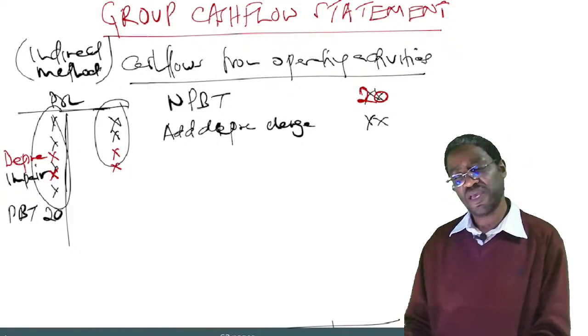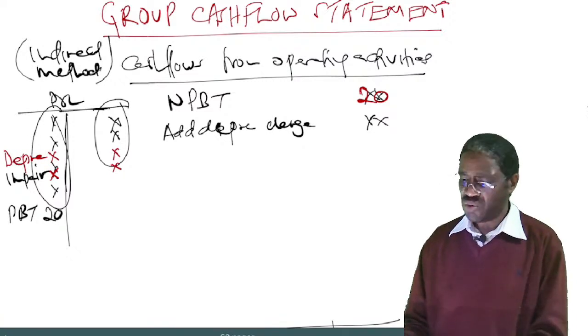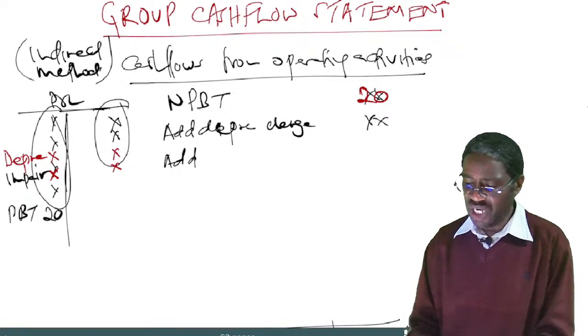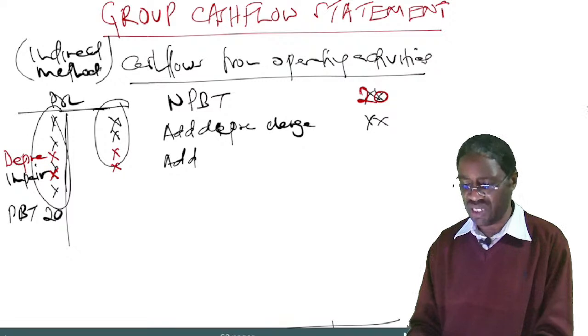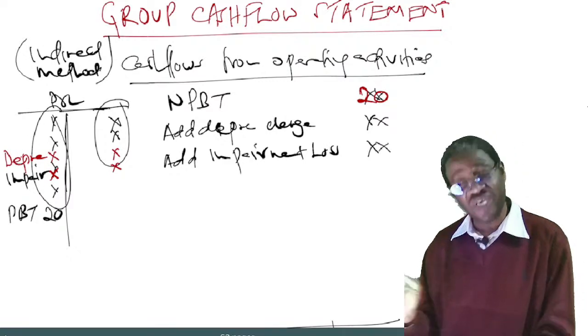Yet you took it to the P&L account, which is right. So that again must have overcasted expenses, and when expenses are overcasted, automatically profit is undercasted. So you will come and add that impairment loss, whatever it is.